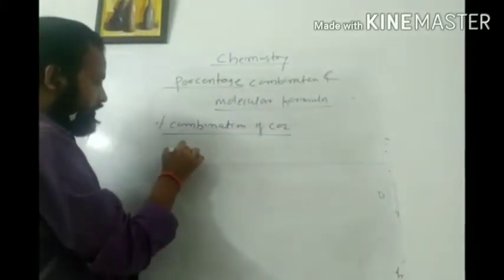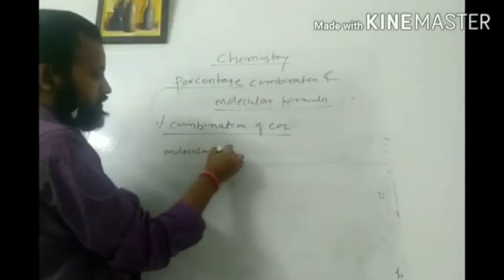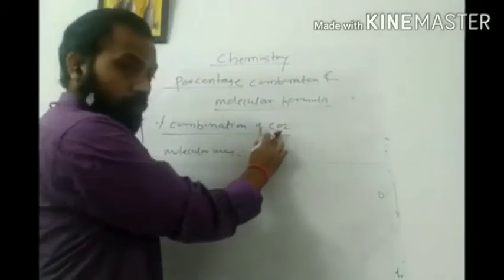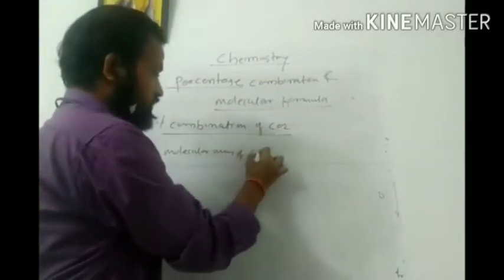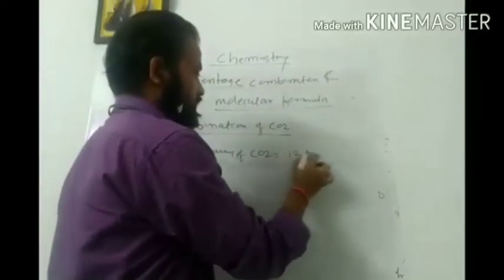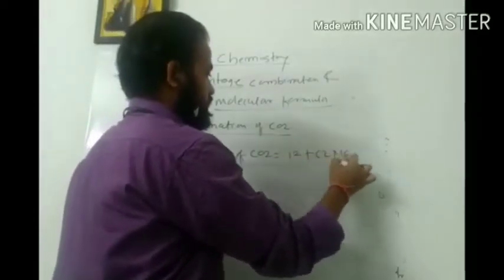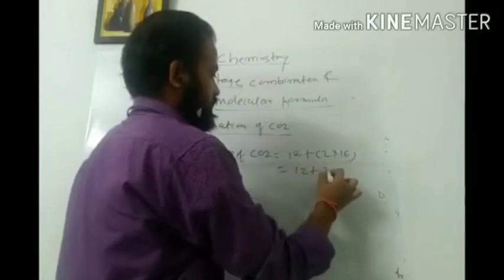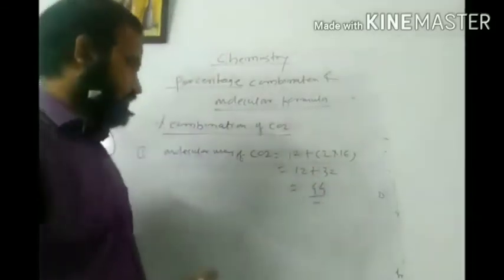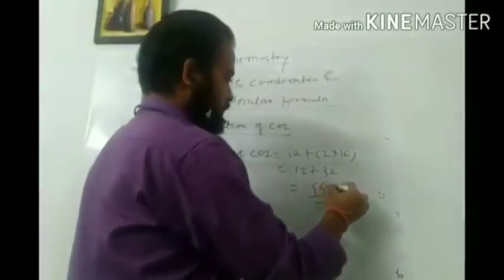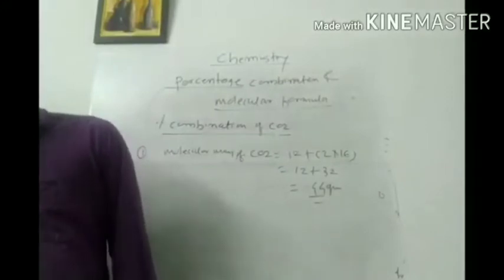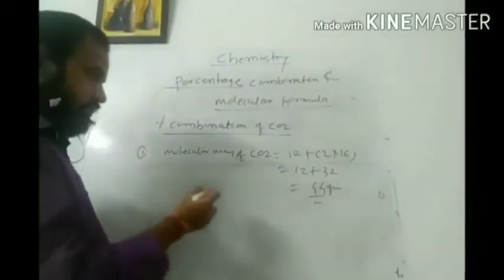So firstly I will calculate the molecular mass in any example. First step is, calculate the molecular mass of this compound CO2, which is equal to, it contains only one carbon atom, so 12, plus 2 into 16. So it becomes 12 plus 32, so it becomes 44, isn't it? So this is, let us say, gram molecular mass, so I am considering this as grams. If a unit is given, you can use any unit respectively.